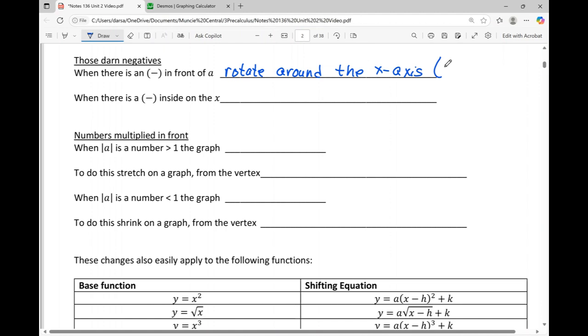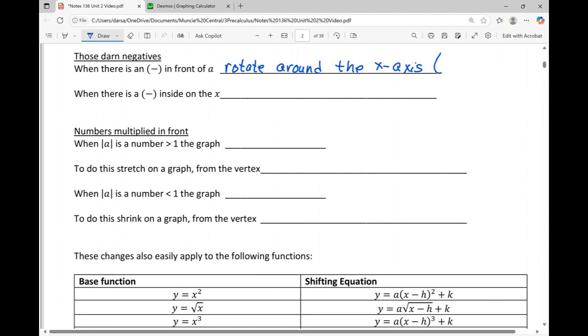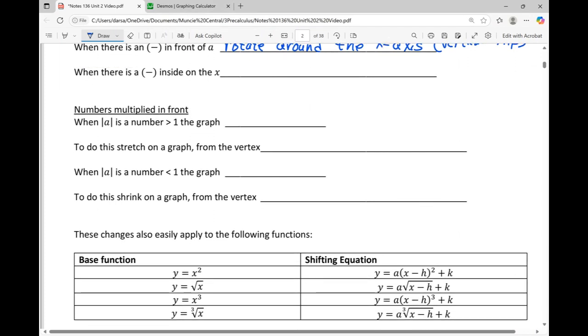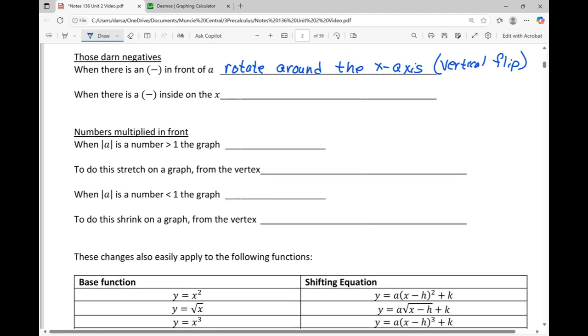I will also accept a vertical flip, because I believe in a vernacular way that is saying what it does. So you need to be ready for both. I will accept both. You can call it a vertical flip, just whoop, flipped upside down, or you can say rotate around the x-axis. Both will be acceptable and both will be mentioned when we're doing these things.